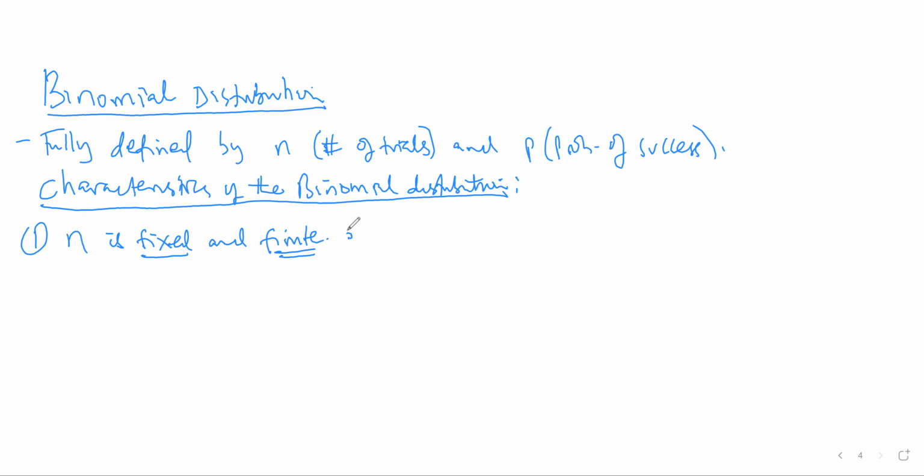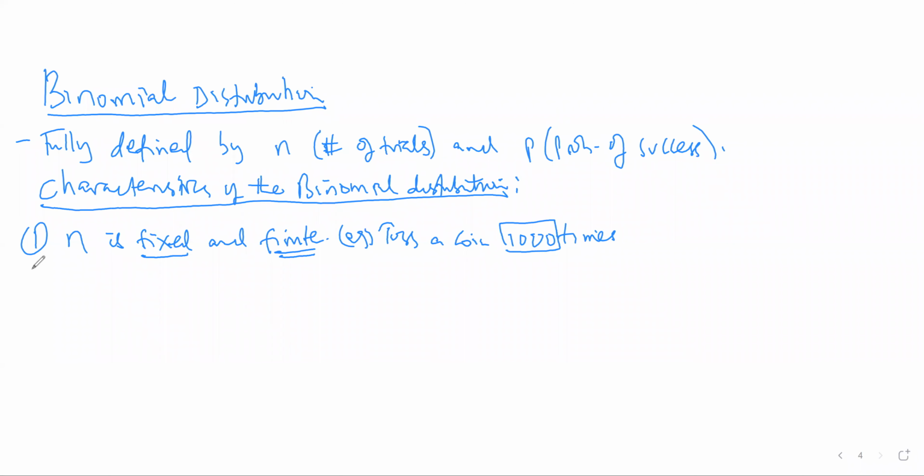For example, we toss a coin 1,000 times. We know in advance that we're going to toss the coin 1,000 times, so that is fixed, and we will not toss it 999 or 10,000 times. And this 1,000 is a finite number, a known number, not infinite. The opposite of finite is infinite. So here we deal with finite values of the trials, and we know the number of trials before we start the experiment.